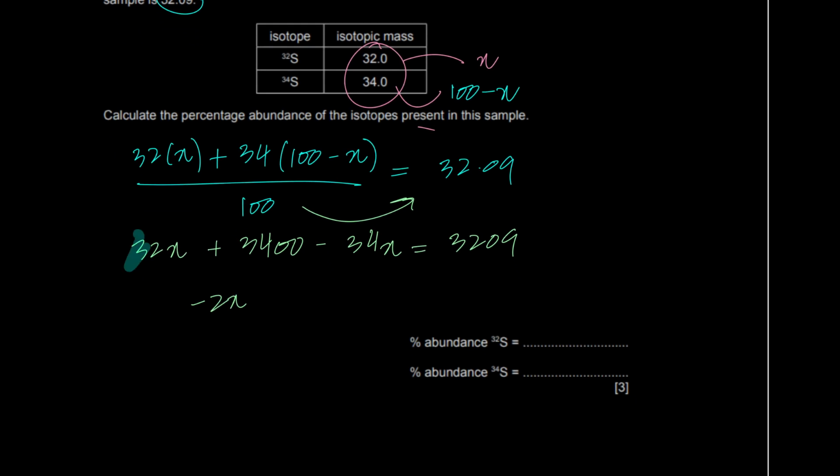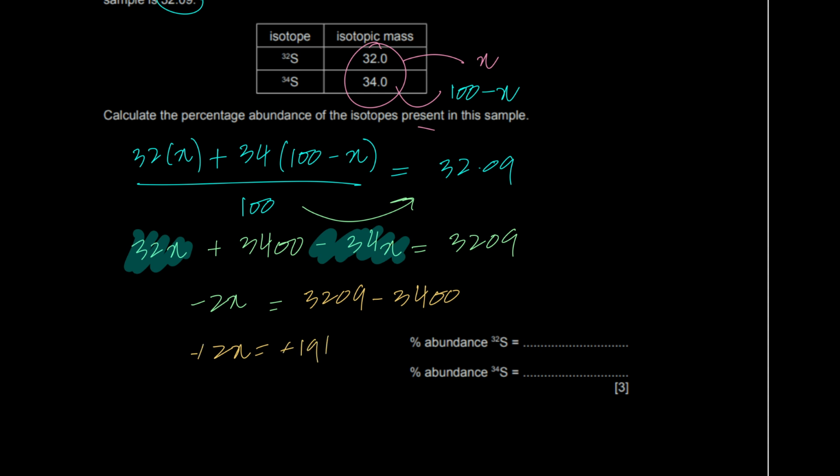Why minus 2x? Because 32x minus 34x gives me minus 2x. I'll subtract 3400 on both sides, so this will be 3209 minus 3400. What do I get? Minus 2x equals minus 191. Minus cancels out. X is equal to 191 divided by 2.